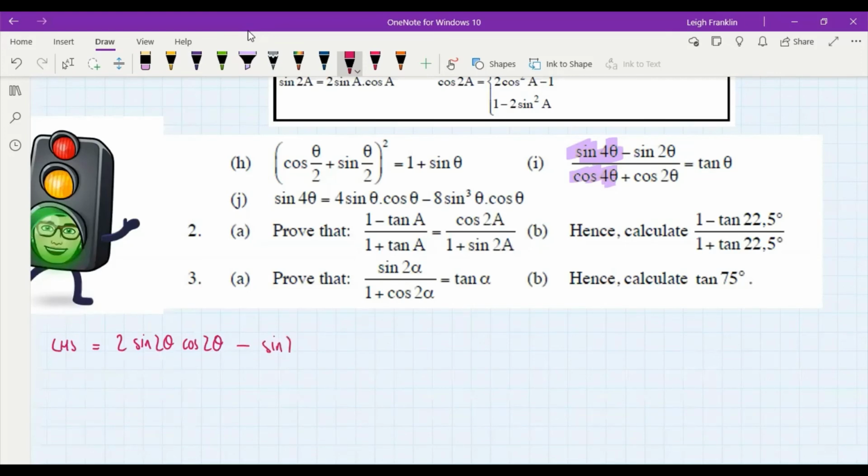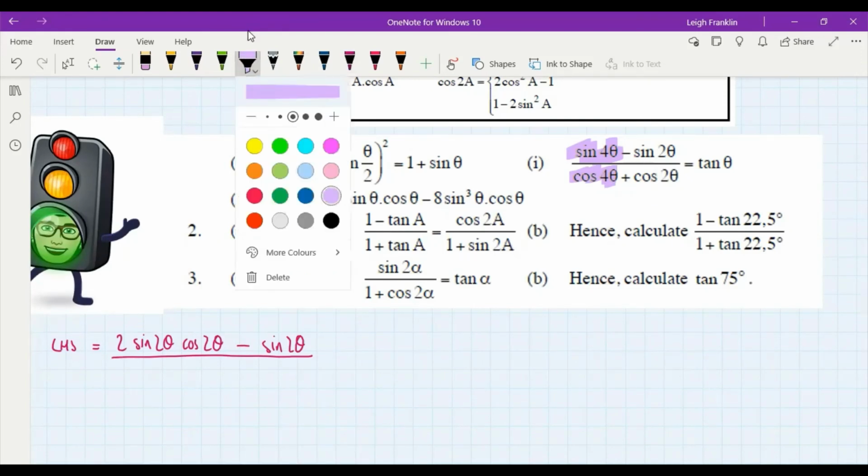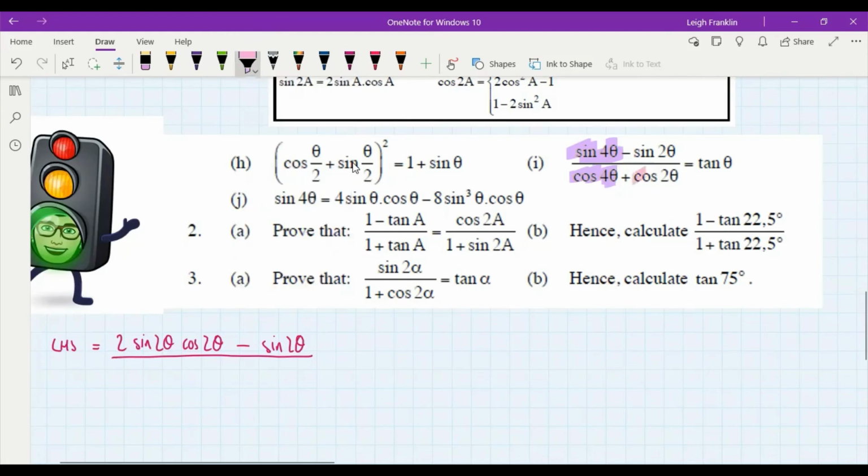Minus sine 2 theta, which means that we can factorize the numerator by taking out sine 2 theta. At the bottom, now this is what I was getting at previously. What do you see the cos double angle with? Can you see that the cosine double angle comes with cos 2 theta.